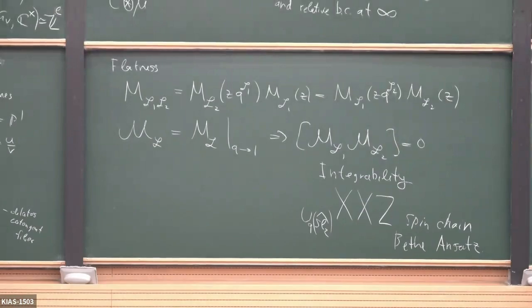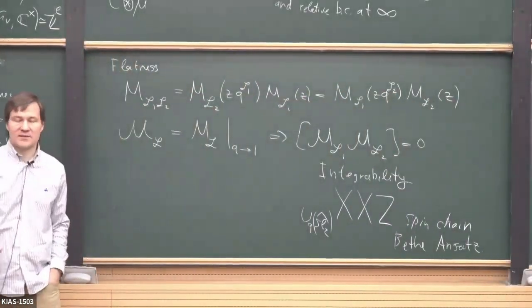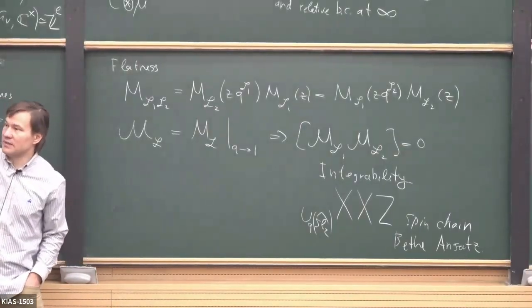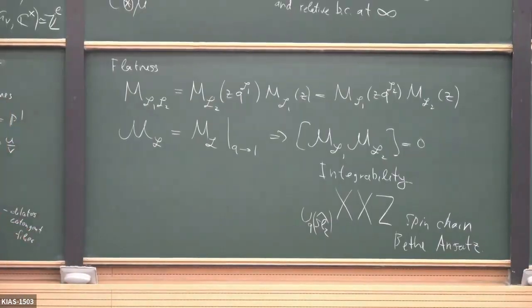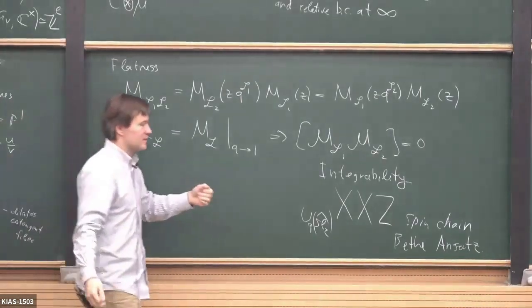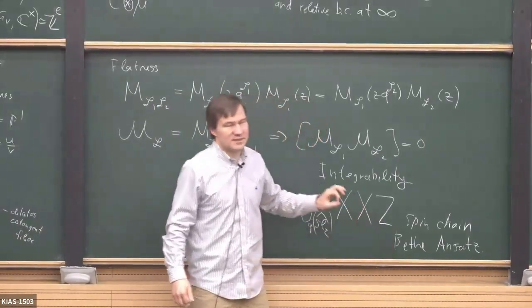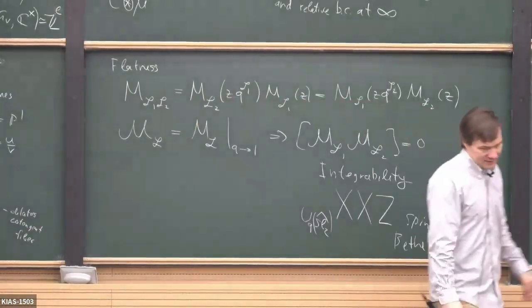I'm not going to write the Bethe ansatz equations, the talk is not about this, but essentially, if you send Q to 1, that equation becomes the eigenvalue equation for the operator M. The eigenvalues of M will be certain functions, and they will depend on all of those variables. There's a way to find those eigenvalues by solving some set of auxiliary polynomial equations, which are called Bethe equations for the spin chain.